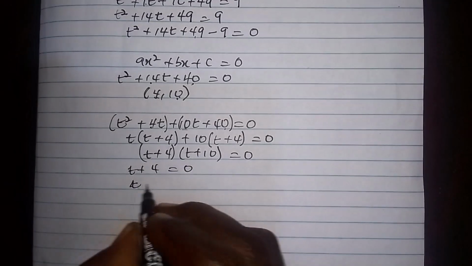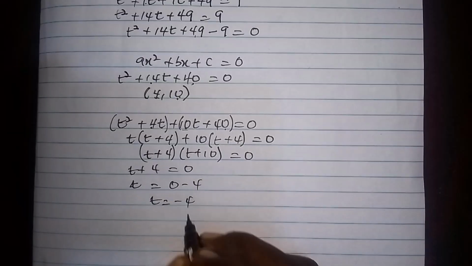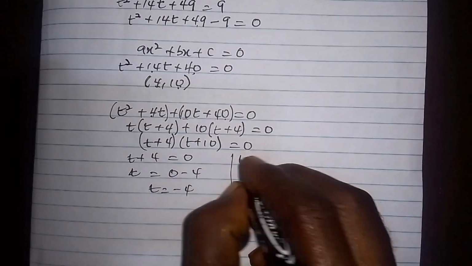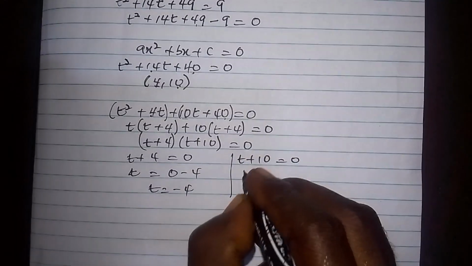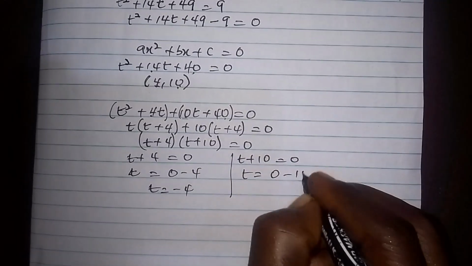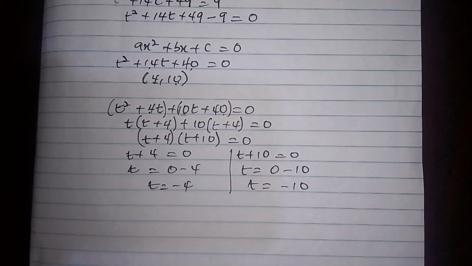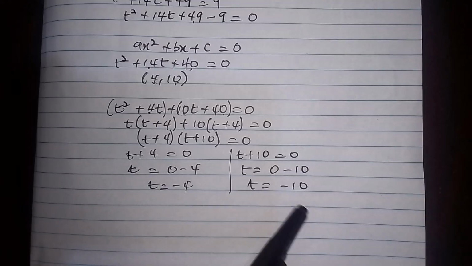This is giving us t equals 0 minus 4, t equals minus 4. Taking the second bracket, I have t plus 10 equals 0. This is giving us t equals 0 minus 10, t equals minus 10. So I have t being equal to minus 4, t being equal to minus 10.